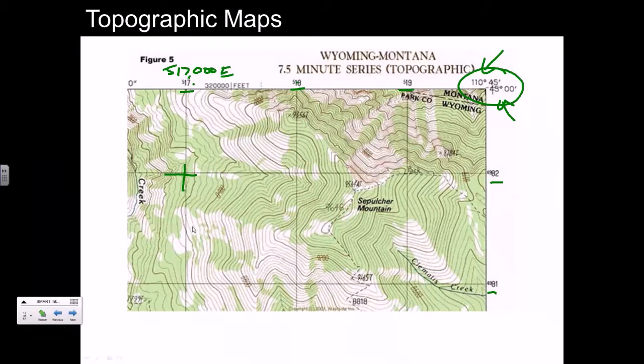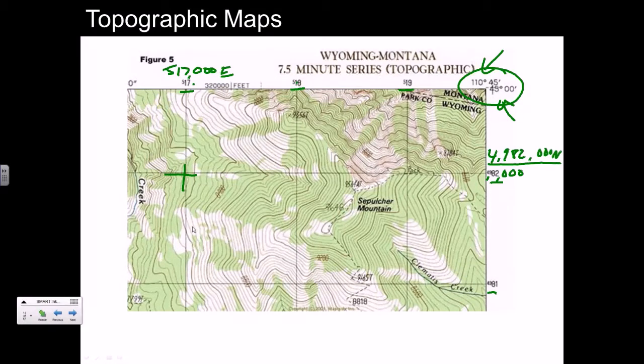It's getting bigger. So that line is an easting of 517,000 meters. Now, if we come over to the right-hand side, we're measuring North Pole to South Pole, so we're measuring a larger distance. We need more meters, so we're going to add 3 zeros to this. This becomes 4,982,000 meters to the north. All right?